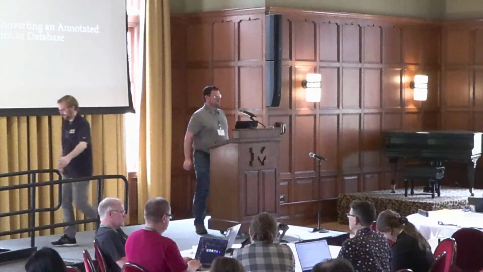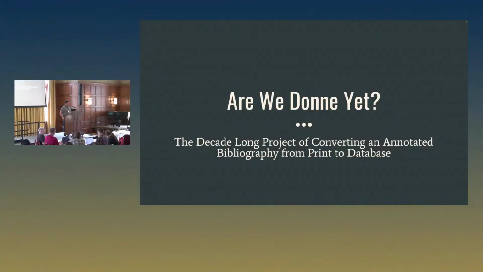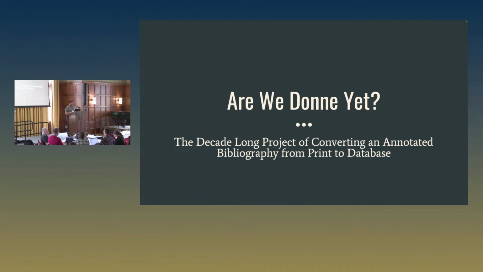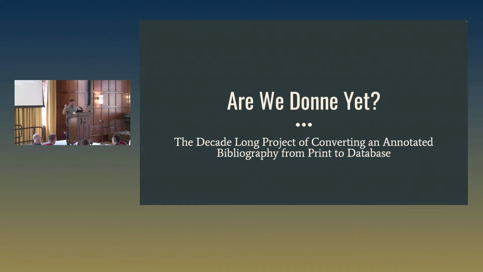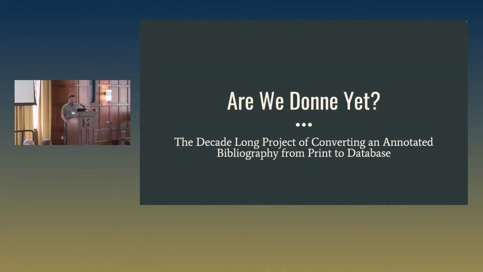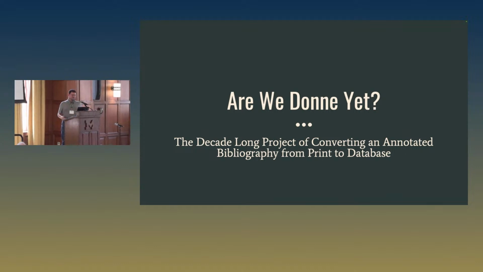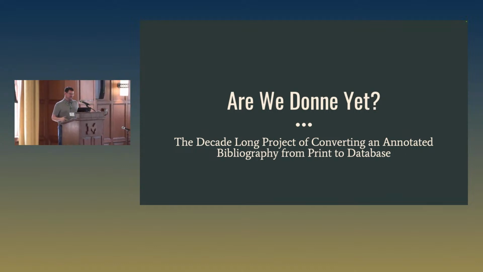Thank you. Hello, all. With 10 minutes, I don't have a whole lot of time, so this is going to be kind of high level, but I have been asking this question for a couple of years now.